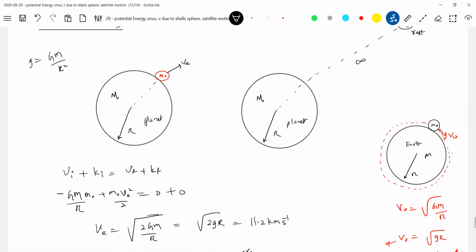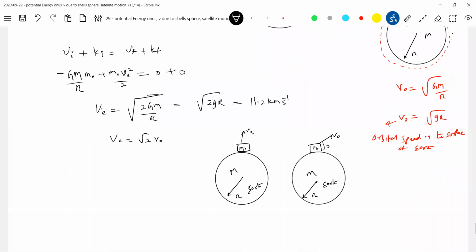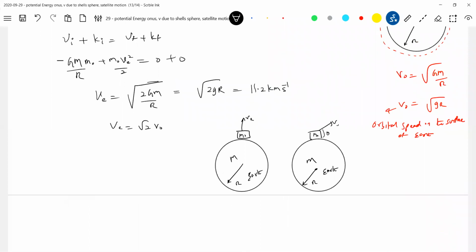In both cases escape speed will be the same, as it is independent of angle theta. The potential you write, minus GMm naught by r, has no theta in this expression, and kinetic energy is independent of direction. So either way the speed required will be the same. There's no restriction on the direction.